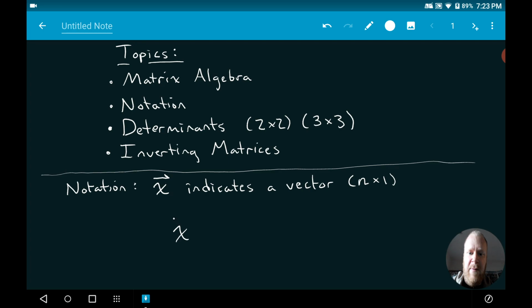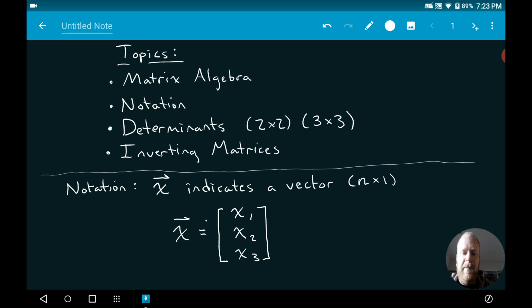So if I wanted to write that out, in multivariable calculus you may have seen notation that uses something like this, but I'm going to stack them horizontally. So this is going to have components x1 and x2 and x3.